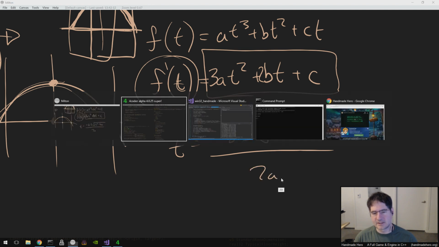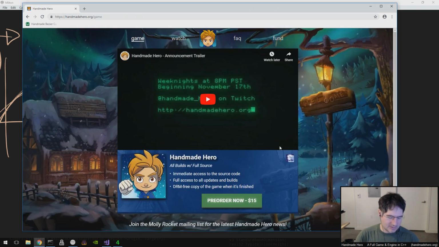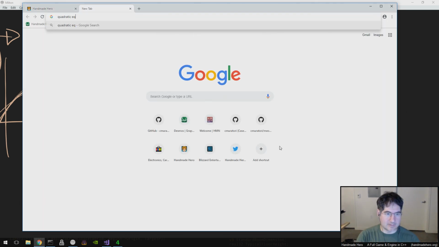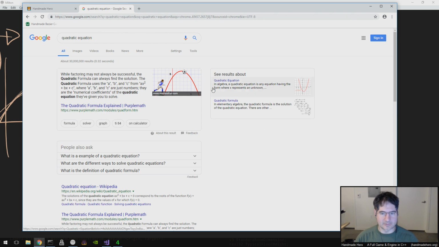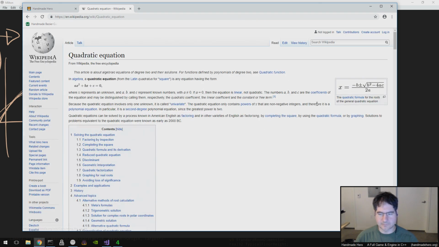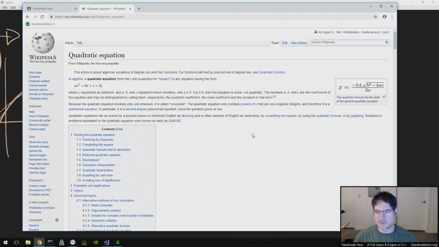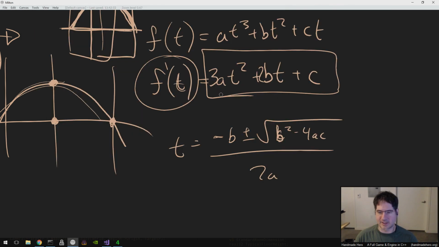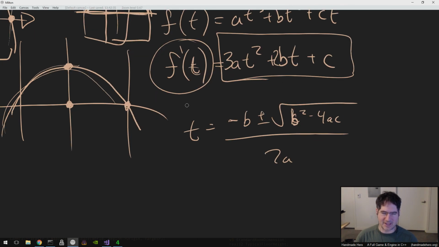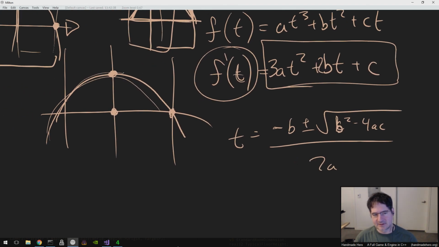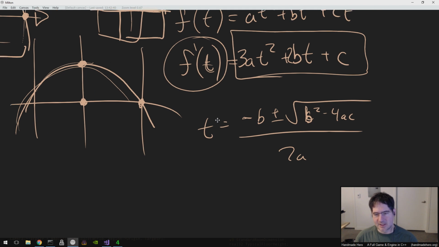You know what I'm saying? What is it? Show me the equation, please. I was close. It's not c squared, it's b squared. So it's negative b plus or minus the square root of b squared minus 4ac all over 2a. It's weird how you sort of vaguely remember these things when you haven't done math in a while.